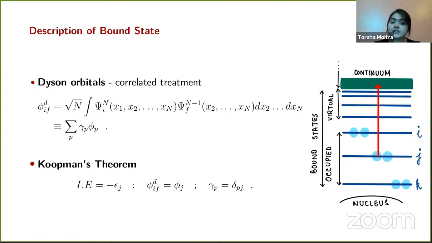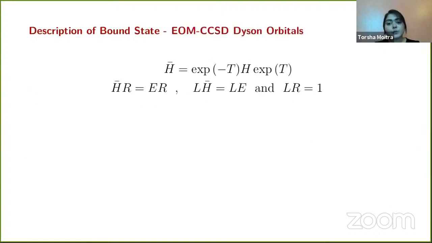But for the Dyson orbitals, we use the equation of motion coupled cluster singles and doubles formalism. Within this framework, the bound states of the system are obtained by diagonalizing the non-Hermitian similarity transformed Hamiltonian. In this framework, the right and the left eigenvectors of H bar are not identical, they are distinct.